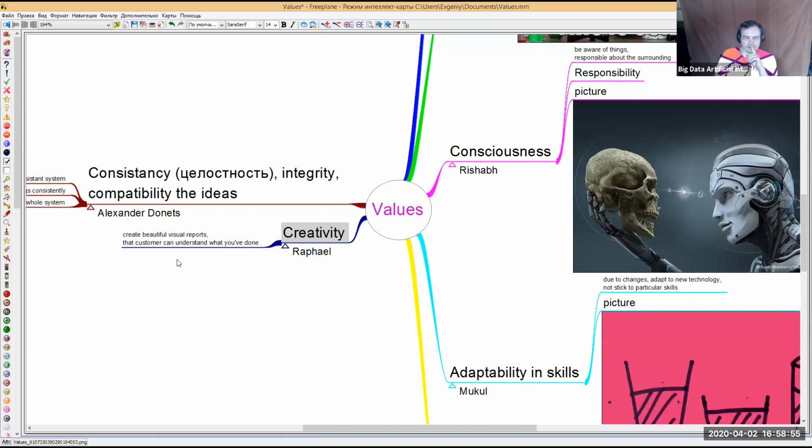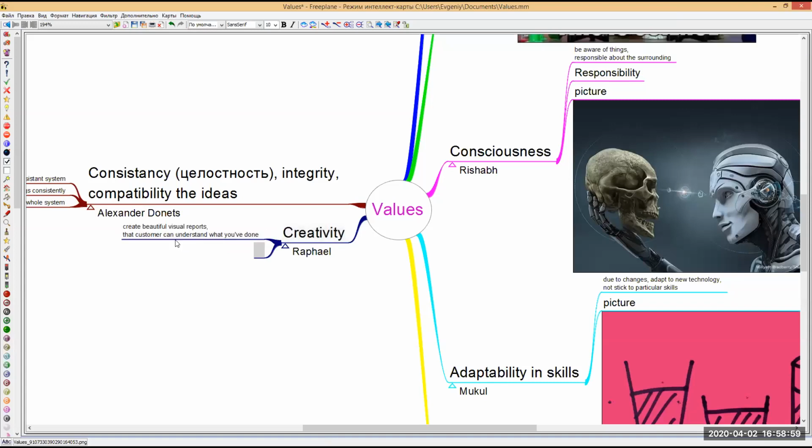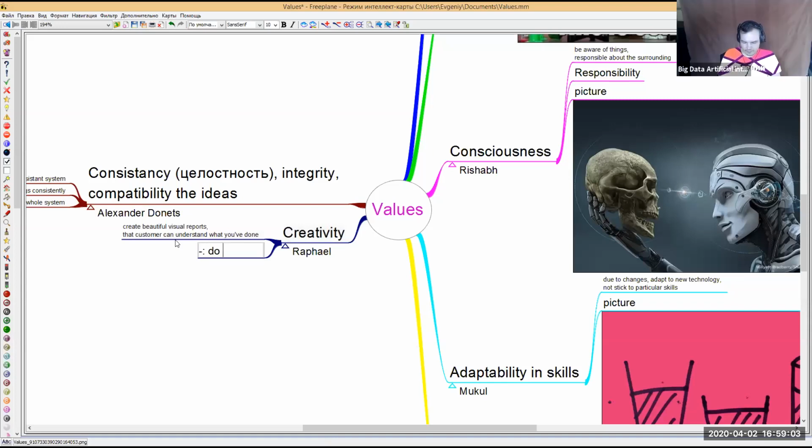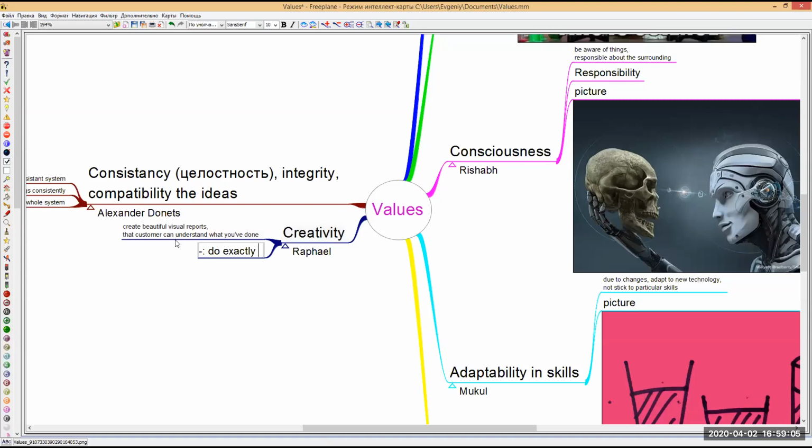Yeah, I was saying that you just do exactly what the client asks you. So maybe the client just wants the model. You just build a model, and then your output is just raw data. But then you can be creative by trying to understand their specific needs and probably create a visual.